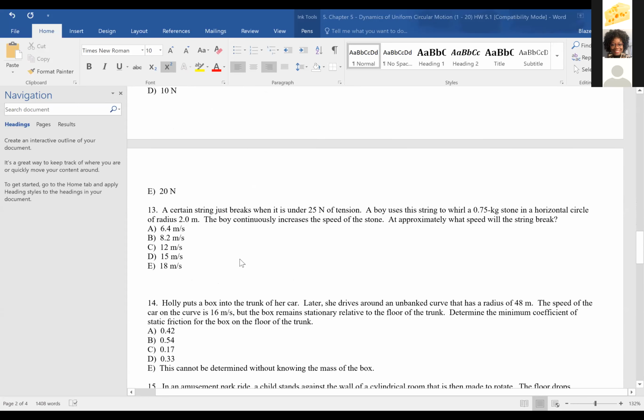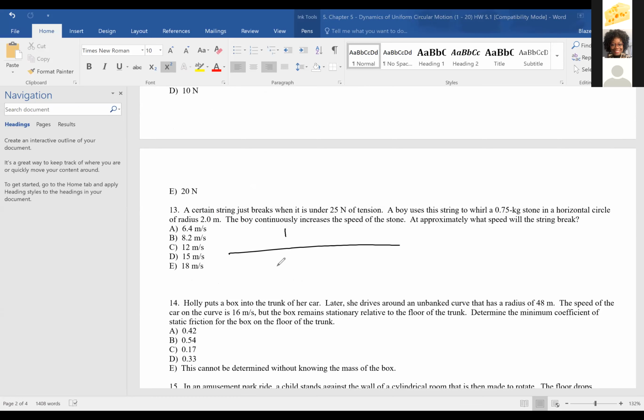Let's look at one like number 13. A certain string just breaks when it's under 25 newtons of tension. So that means this tension, okay, he's whirling in a circle, so this tension is what's providing my centripetal force.